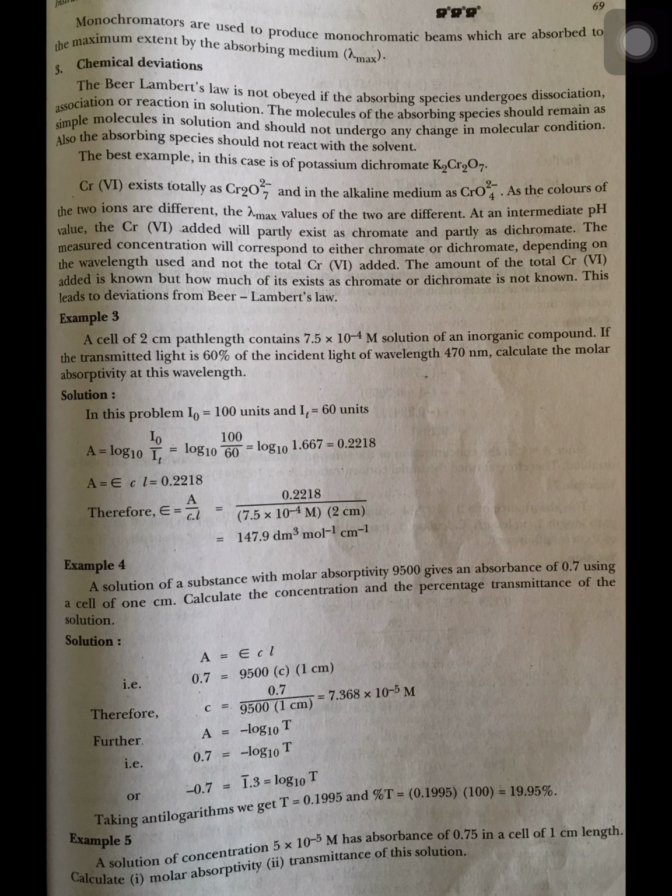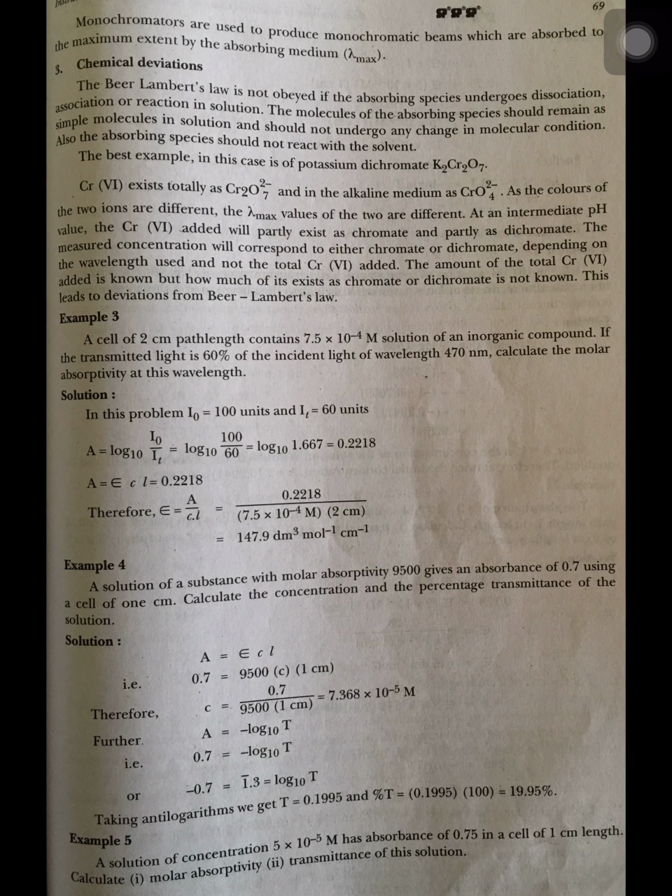The measured concentration will correspond to either chromate or dichromate depending upon the wavelength used, and not the total chromium added. The amount of total chromium added is known, but how much of it exists as chromate or dichromate is not known to us. This leads to a deviation from the Lambert-Beer law.